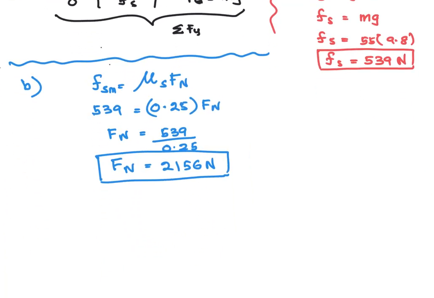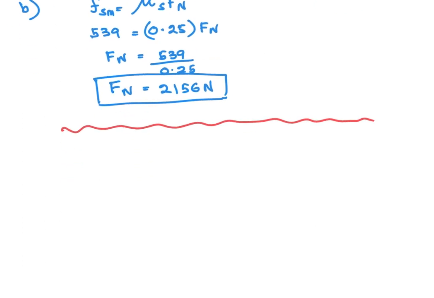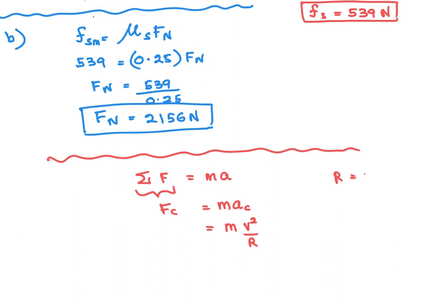We are looking for the speed, and we know that the net force along the direction of the center, sum of F equals mass times A. Toward the center this term becomes Fc, and on the other side we have m times Ac, and Ac equals v squared divided by R. This is where we need R. The mass is given, and the diameter is 10 meters, so R equals 10 divided by 2.